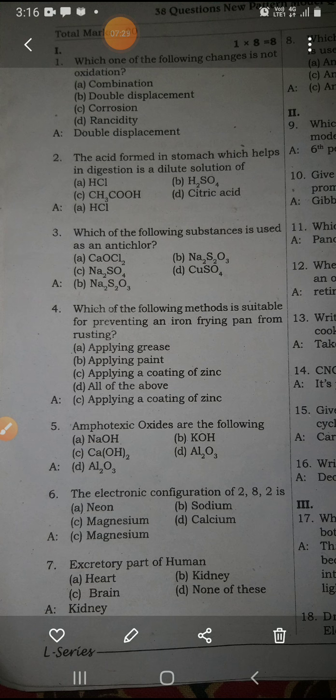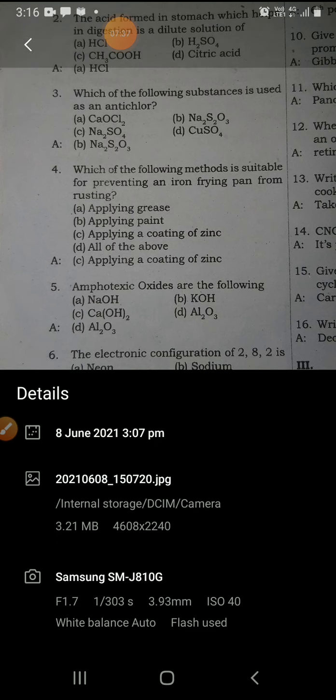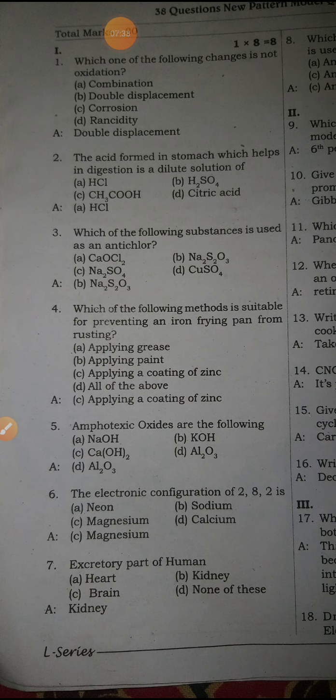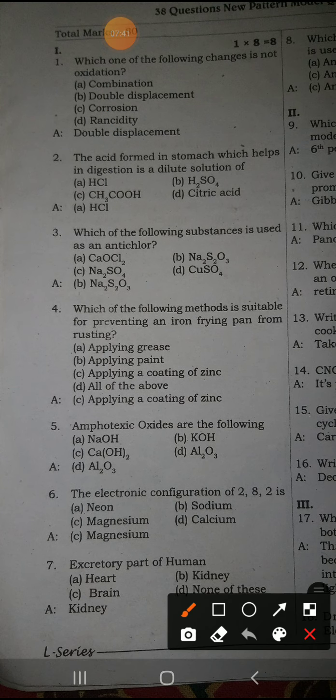So next, the seventh question is: excretory part of humans, right? Excretory part, try to understand. Excretory part is the part through which we excrete the waste materials. Got it? Heart, no. Heart is a purification part of the body, wherein blood is purified. Brain, it is not an excretory part. Kidney, yes, through which the unwanted fluids will be excreted.